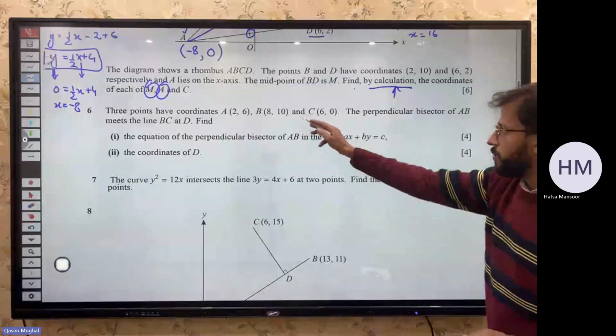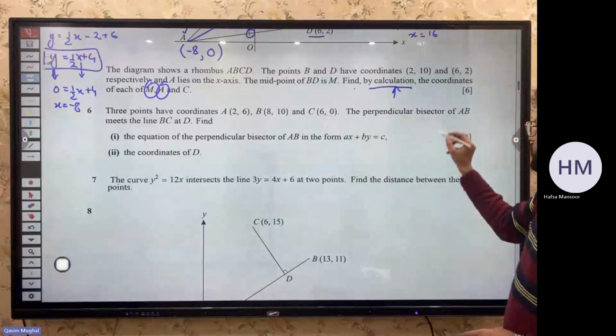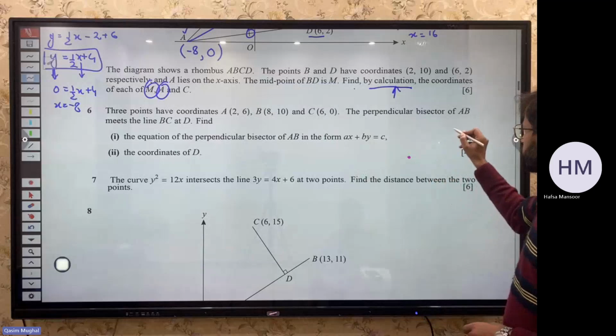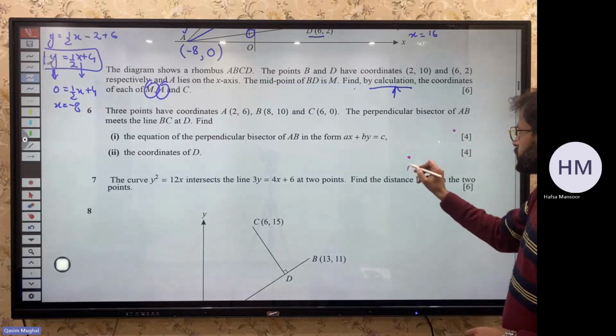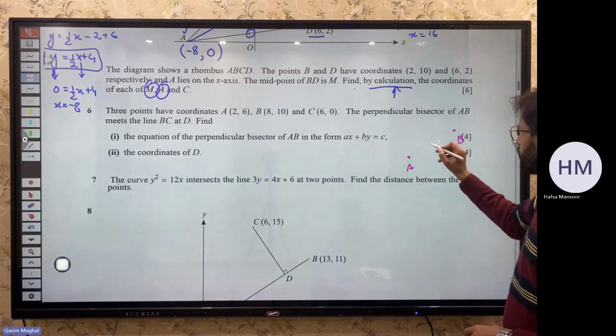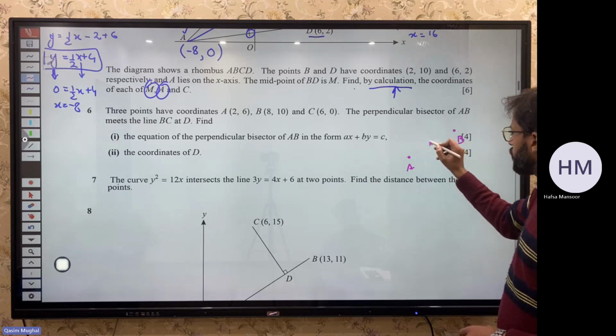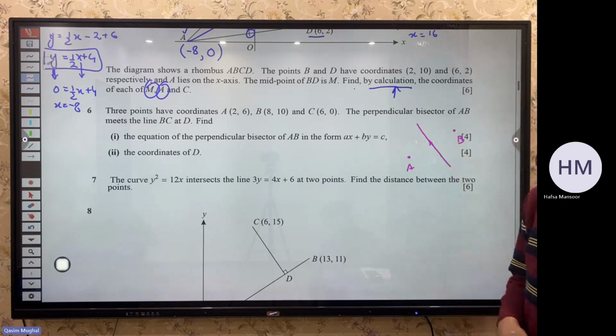There are 3 points A, B, and C. The perpendicular bisector of AB. So let's suppose this is A and this is B. The perpendicular bisector is the line passing through the midpoint of A and B at a 90-degree angle.